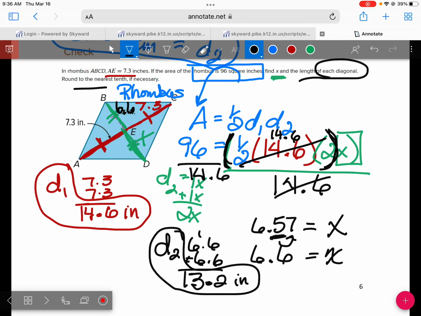And the diagonals bisect each other. That means it cut them in half. So the other side is going to be the same amount. So 7.3 plus 7.3 is 14.6. And that's shown in this picture right here in red. If this is 7.3, this is 7.3 also. Does that make sense? So that is my first diagonal.